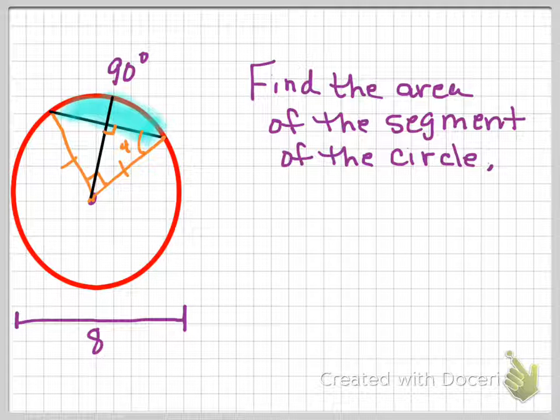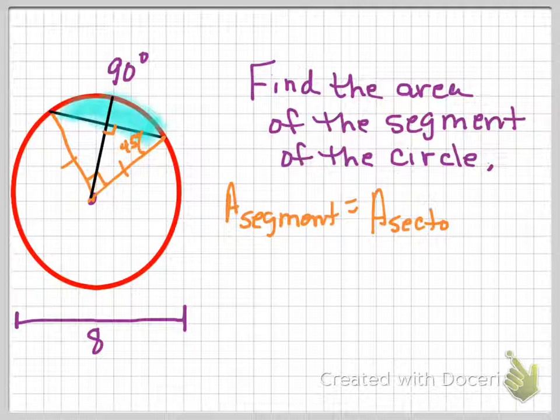So that's going to be 45. And that's going to be helpful because we're going to need that when we do our sector minus our triangle. So again, I know that the area of my segment equals the area of my sector minus the area of my triangle.